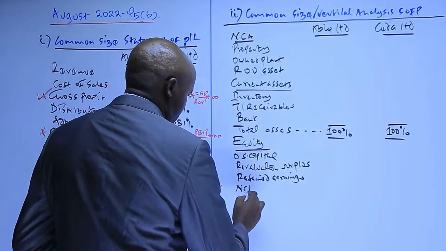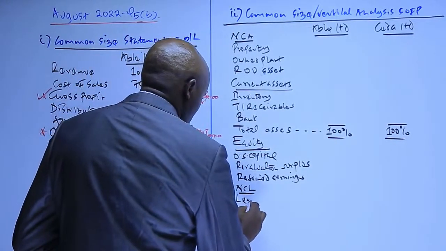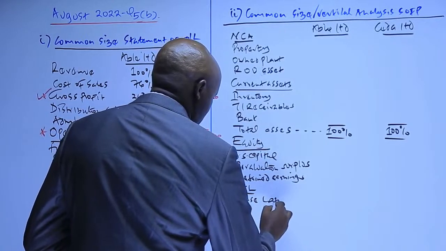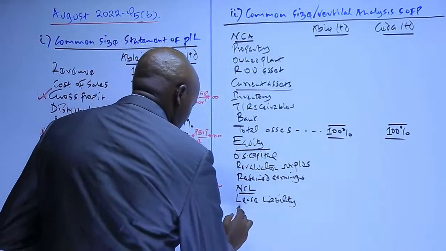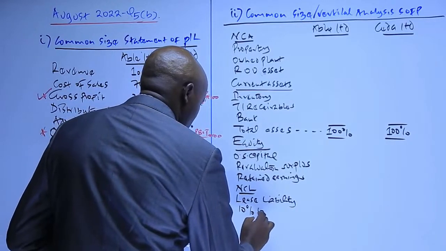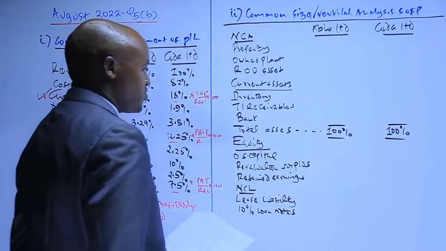And then we have non-current liabilities, where we have the lease liability and then the 10% loan notes.